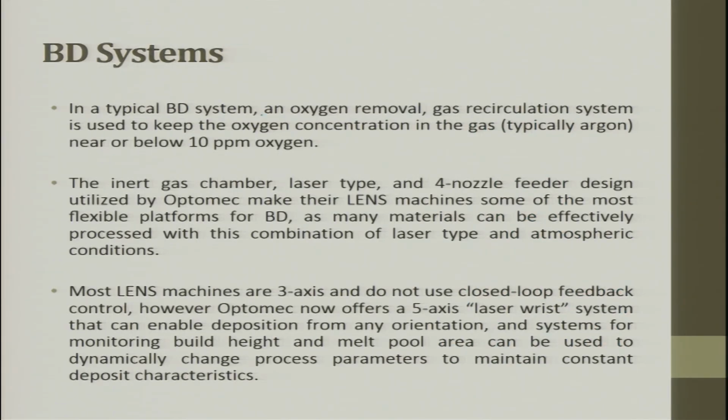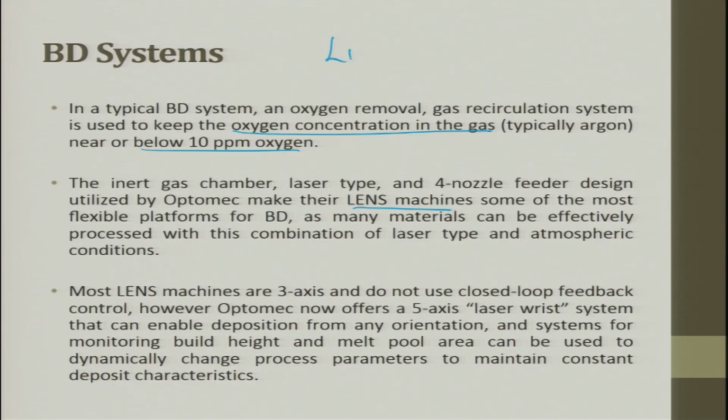In the typical BD system, an oxygen removal or a gas recirculation system is used to keep the oxygen concentration in the gas nearly below 10 ppm oxygen. The inert gas chamber, the laser type 4 nozzle feeding design utilized by Optomec makes the LENS machine.